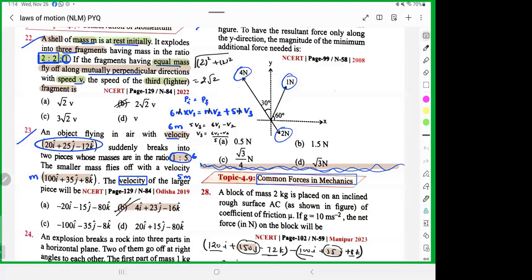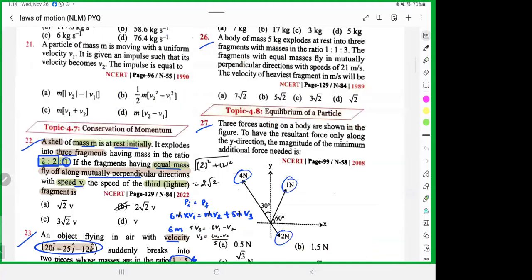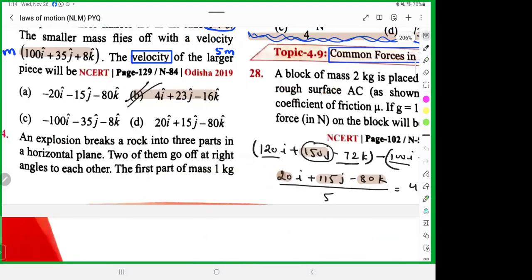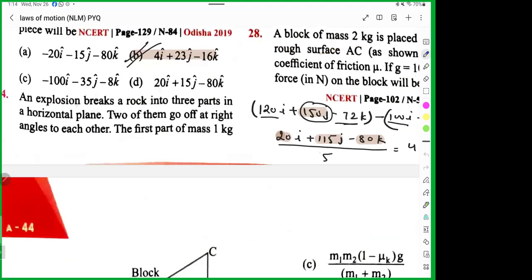Then 25 and 26 are exactly the same. Example in 2 minutes. An explosion breaks a rock into three parts in a horizontal plane. Two of them go off at right angles. So the explosion occurs, and three parts move horizontally in the plane.